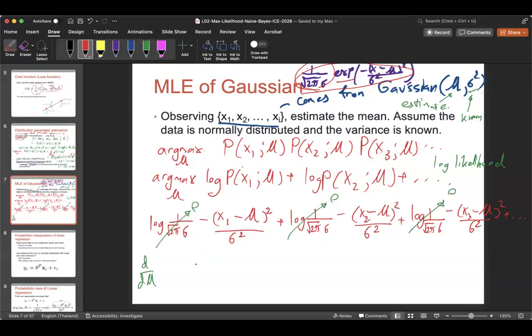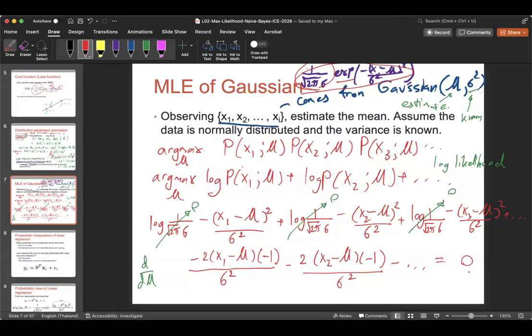And we get something like that. And this is some fixed value, so we can also remove this.